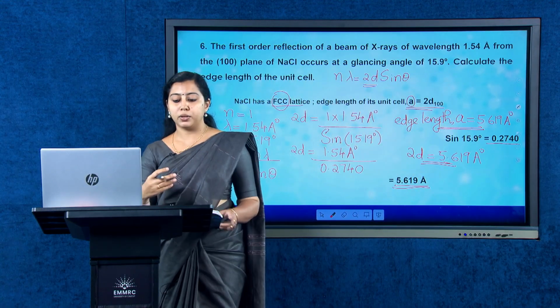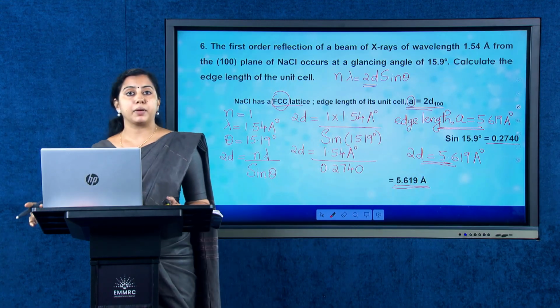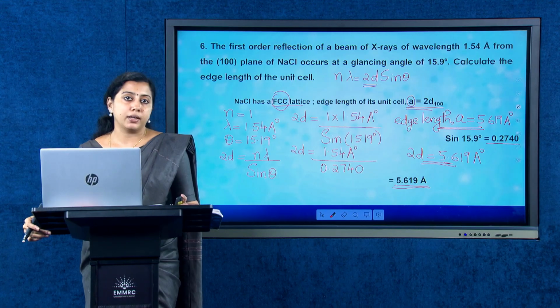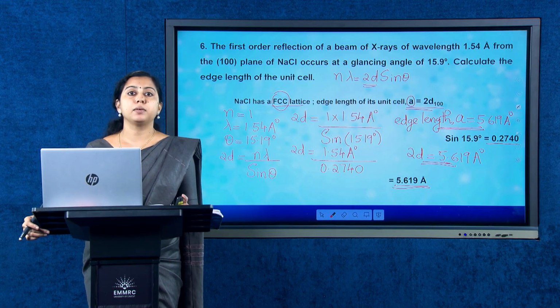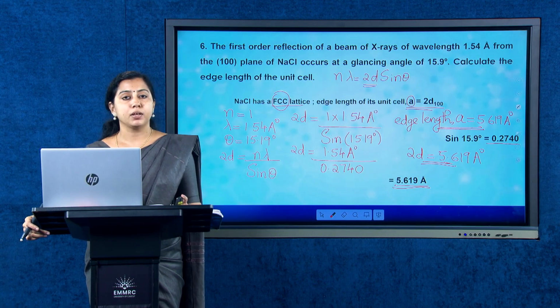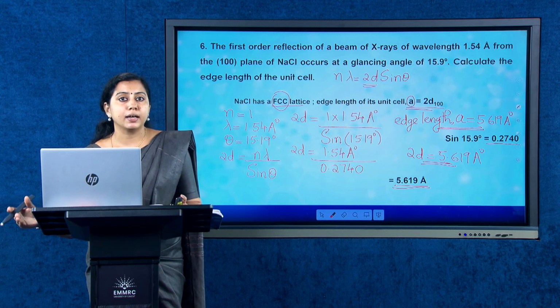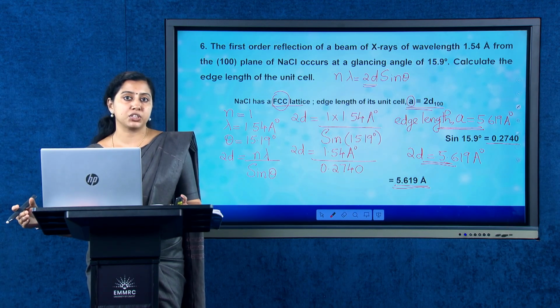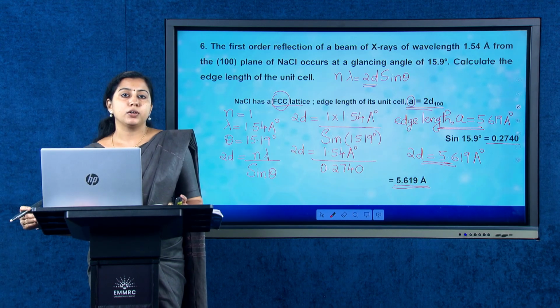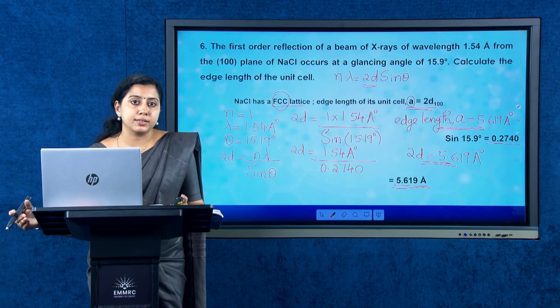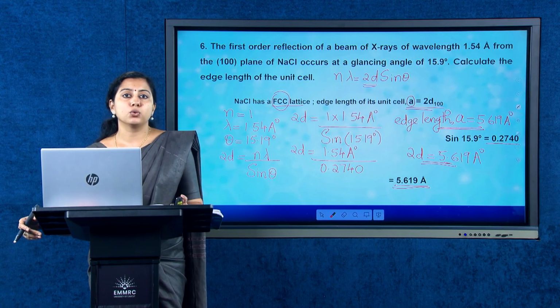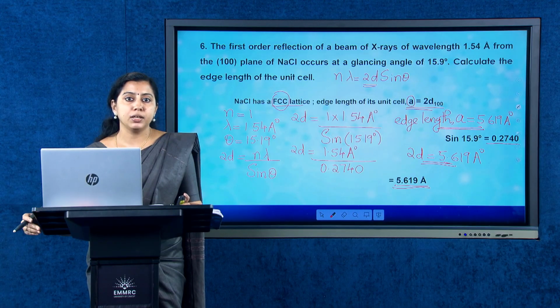Okay. So, in this way, using Bragg's equation, you can find out the spacing between the lattice planes. You can find out the scattering angle or diffraction angle theta. You can find out the wavelength of the X-rays used, and also from the d value we can calculate the edge length of the unit cell.